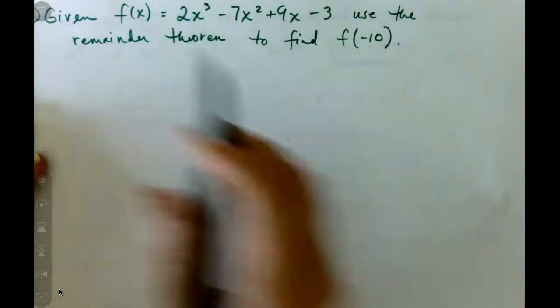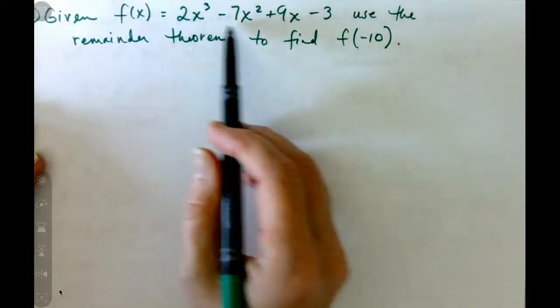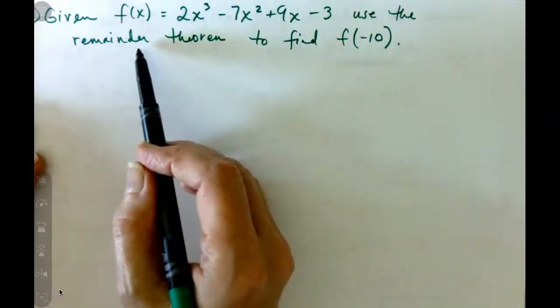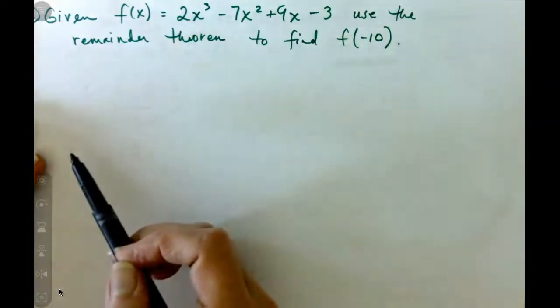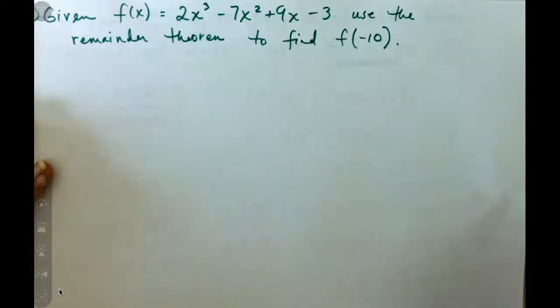Last problem. Given f of x equals 2x cubed minus 7x squared plus 9x minus 3. Use the remainder theorem to find f of negative 10. Now, you could plug in negative 10, and that would probably require the use of a calculator to help you get through it.